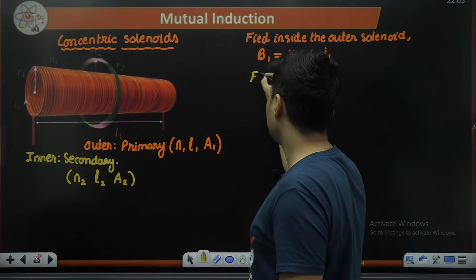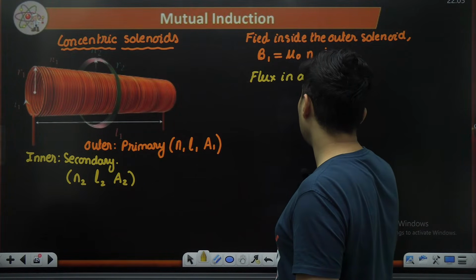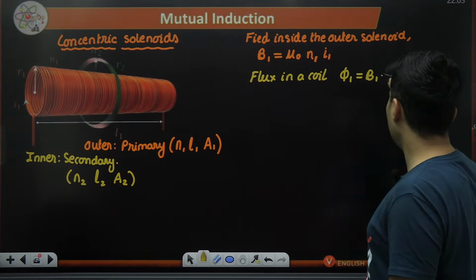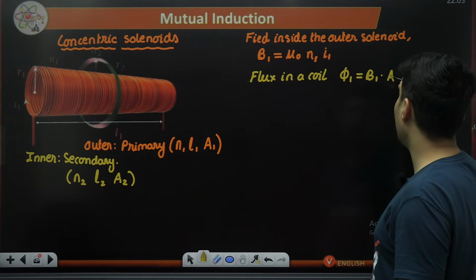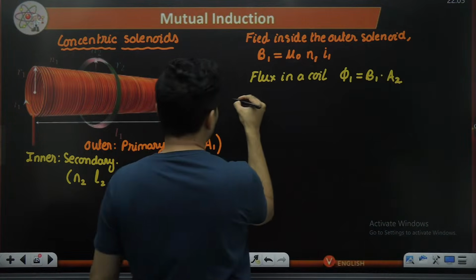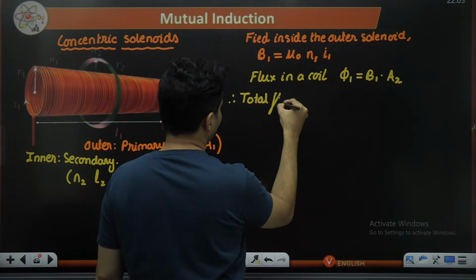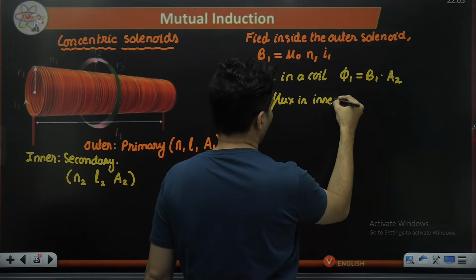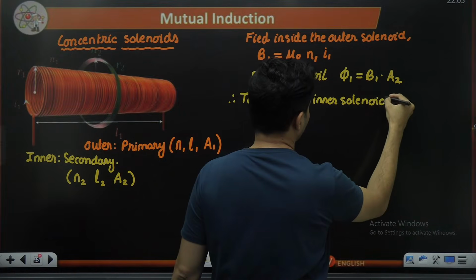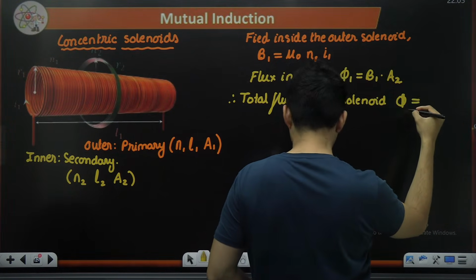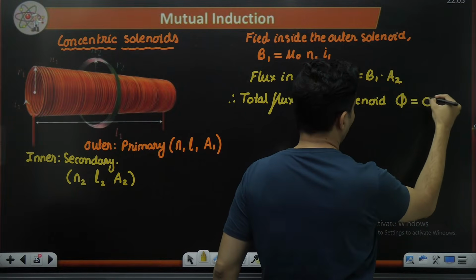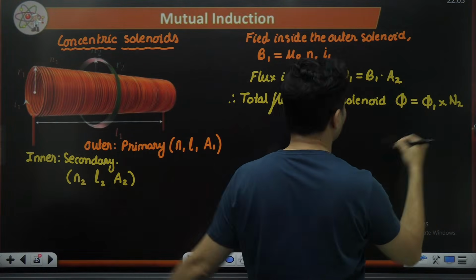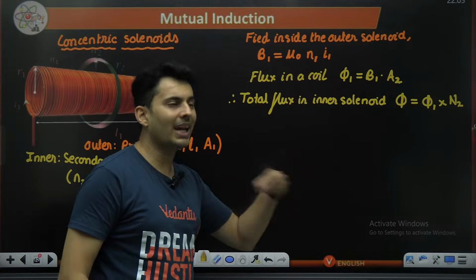So the flux in a coil, which will be phi1, will be B1 into the area of the inner solenoid, which is A2. Therefore, the total flux in the inner solenoid will be whatever that phi1 is, multiplied N2 number of times, because there will be N2 number of turns.